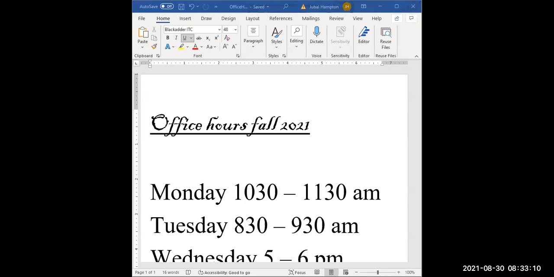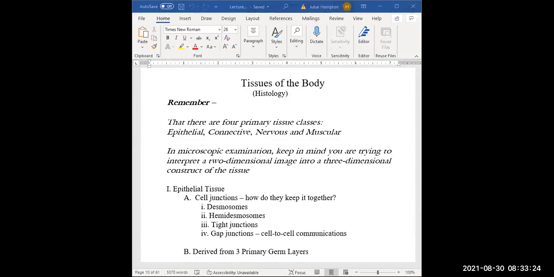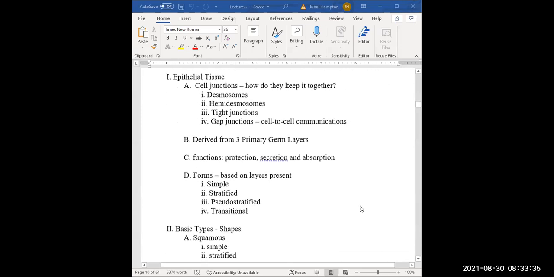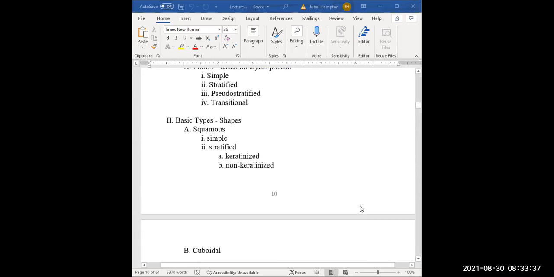Today we're starting with the tissues of the body, and it looks something like this. If you have your outline or access to it on your device, we begin here today, and we're going to go through epithelial tissues.